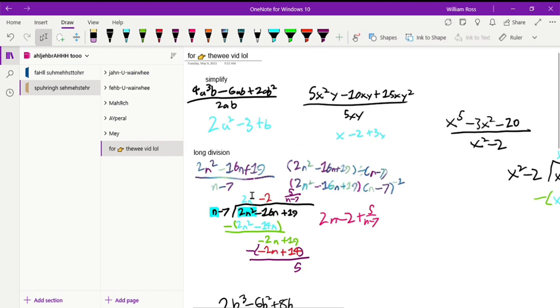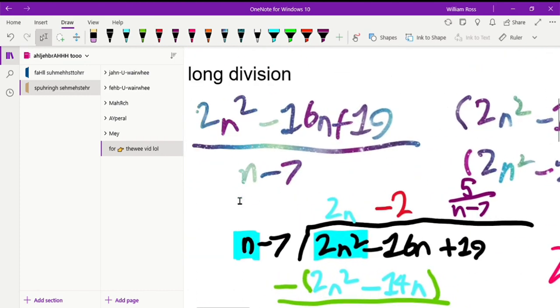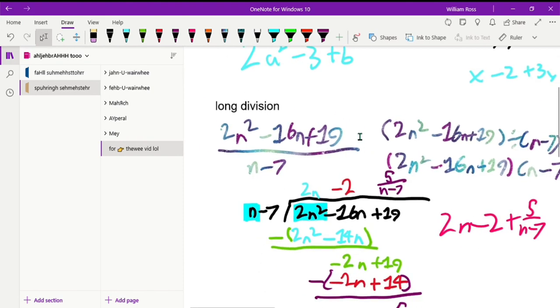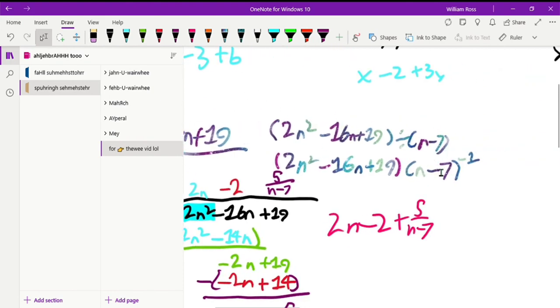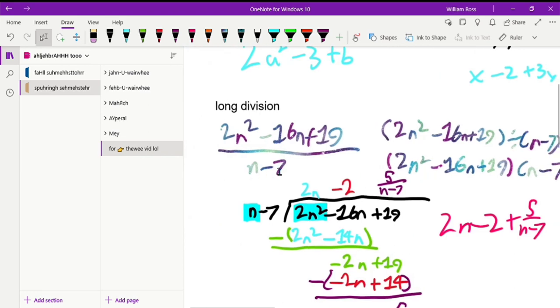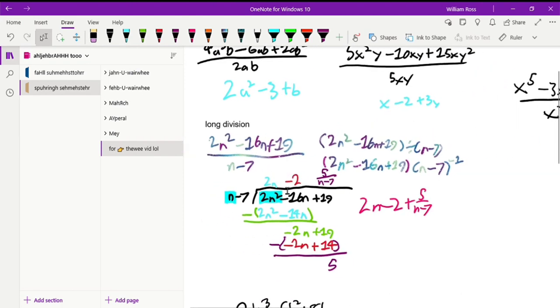However, it only works if the denominator only has two terms, or a linear format, like mx plus b. So let's try this problem again, but this time using synthetic division.